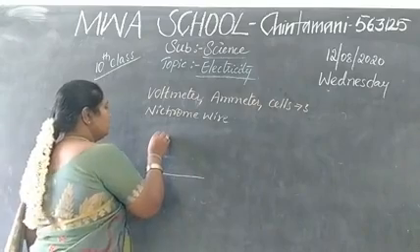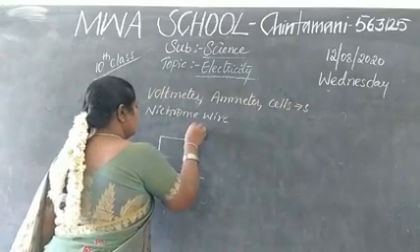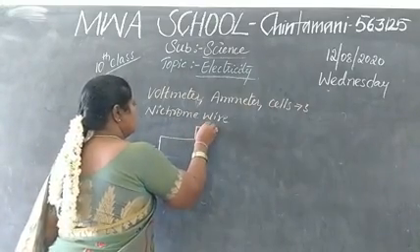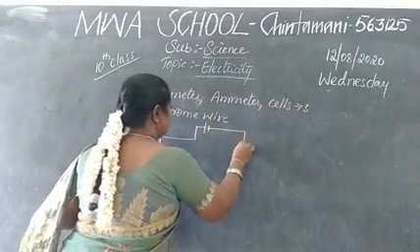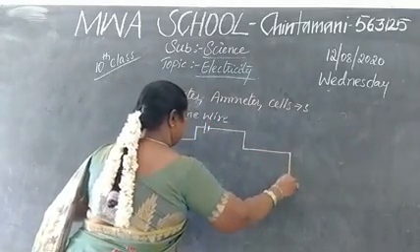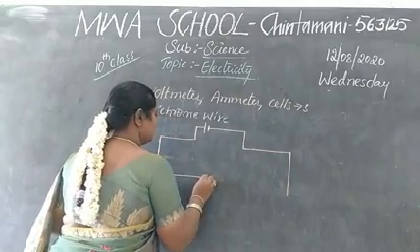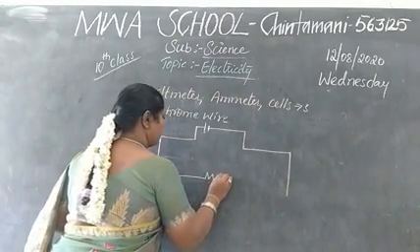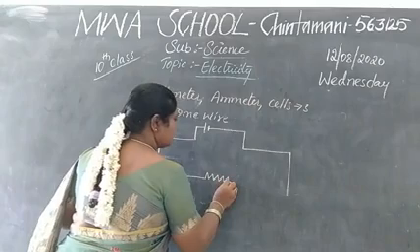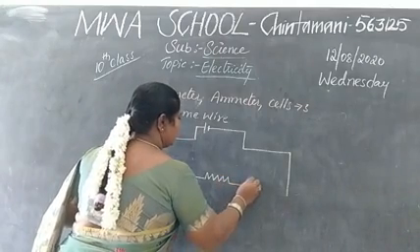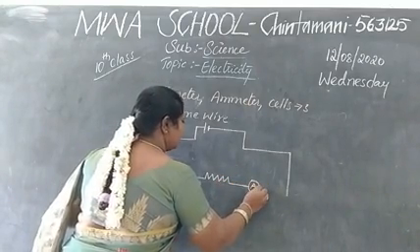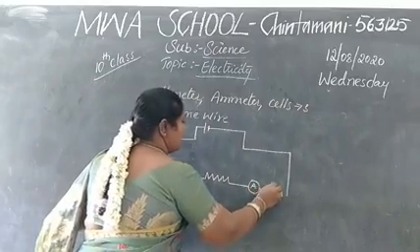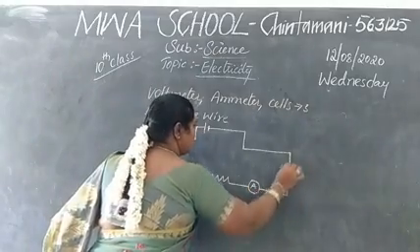So let me see how to take this. Arrange the things. So this is the nichrome wire. For this we have to use the ammeter and a plug key.